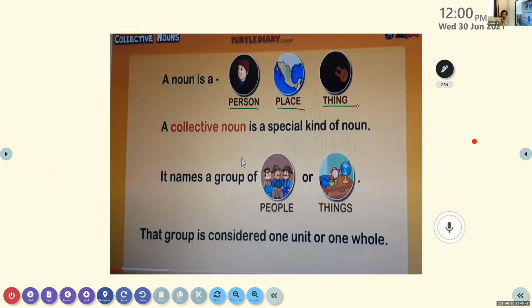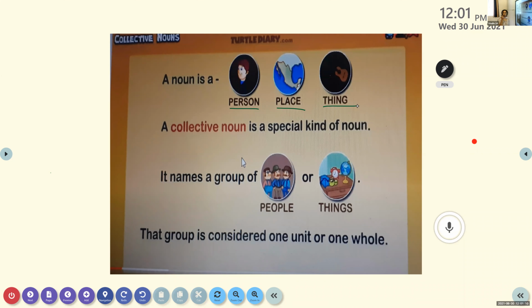Then we learned about the proper noun. A proper noun is a special or particular name given to a particular person, place, animal, or thing. For a boy, the special name can be Ryan. For a place, Mumbai, Delhi, or whatever it is.